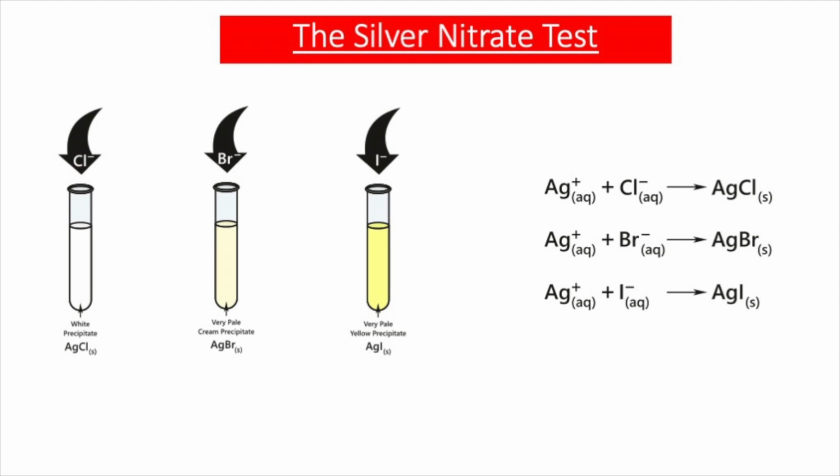So, for example, if we have the white precipitate silver chloride, we write down the formula for silver chloride, AgCl. We put an arrow pointing to the silver chloride, and then on the left-hand side, we write down the ions that form this precipitate. So Ag plus ions would react with Cl minus ions to form the precipitate AgCl.